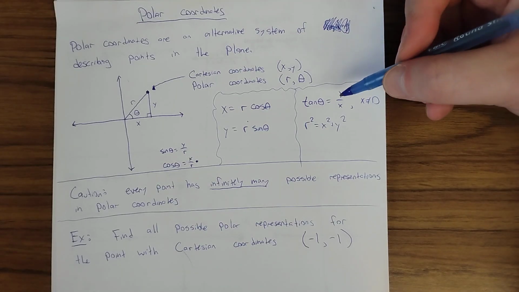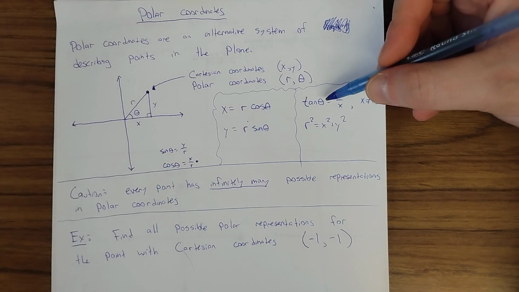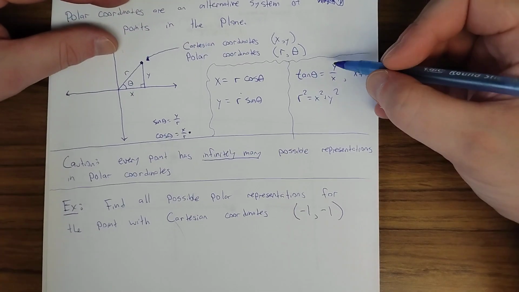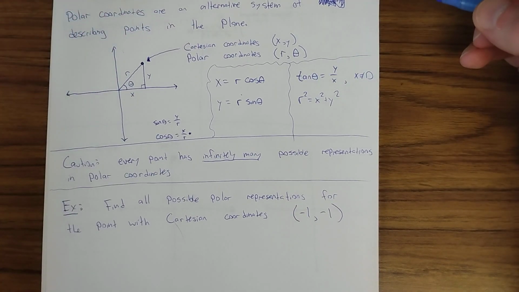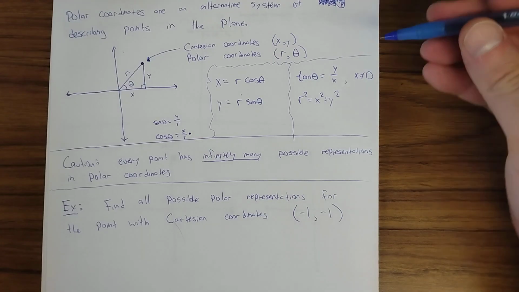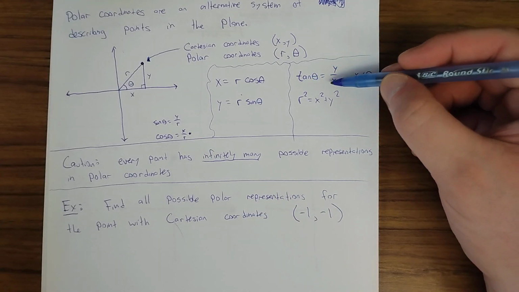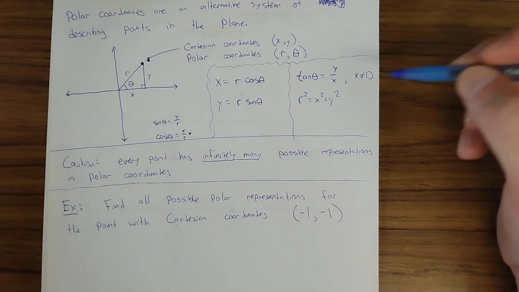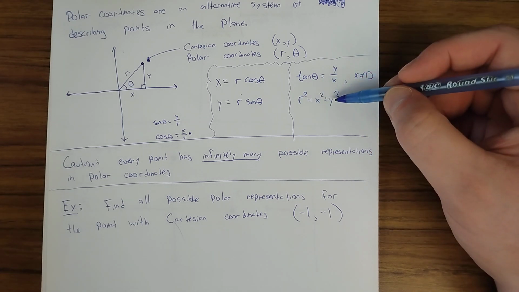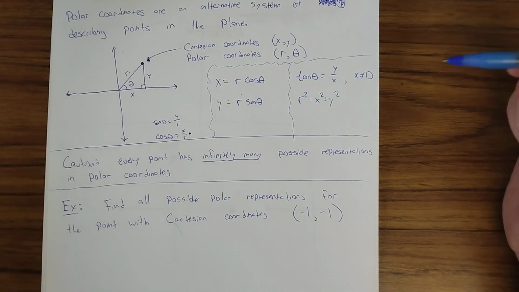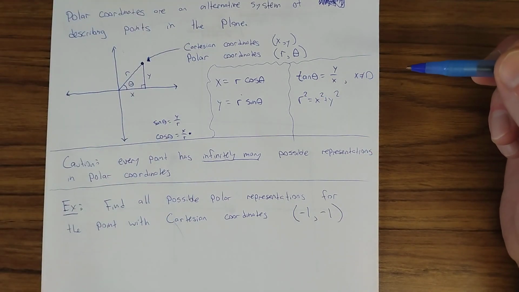So those are a couple of awkward things about using these equations and also just what polar coordinates are. Each point doesn't have a unique representation in polar coordinates. There's infinitely many possible things that theta could be because there's infinitely many solutions to this equation. And there's multiple things r could be because r could be positive or negative when you solve for it here.